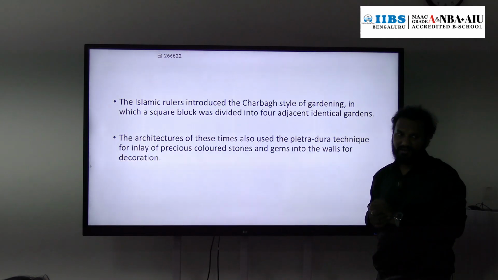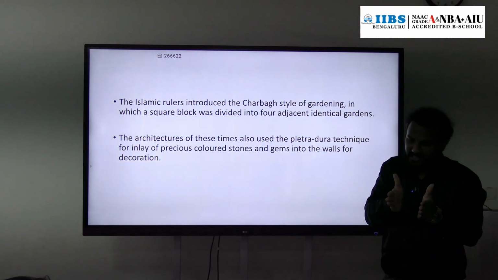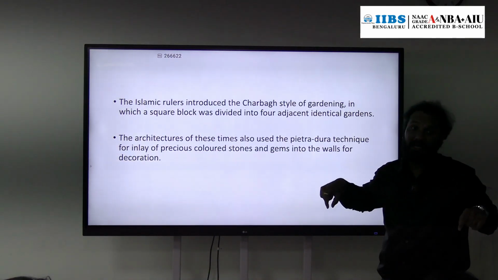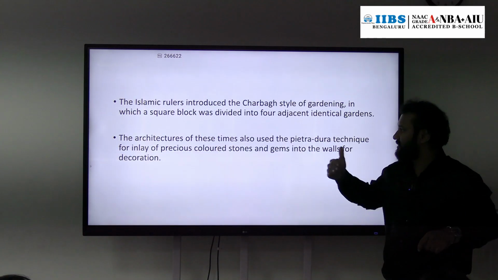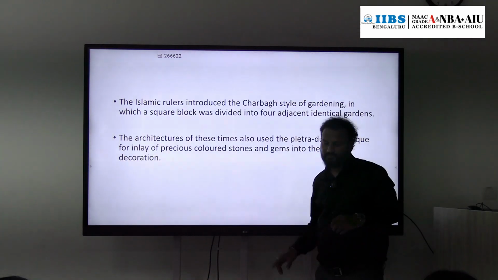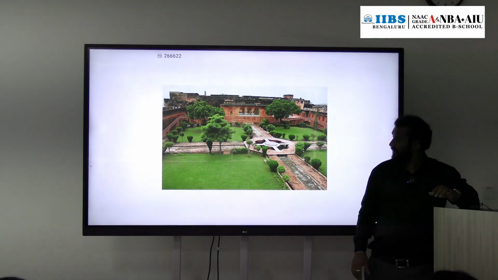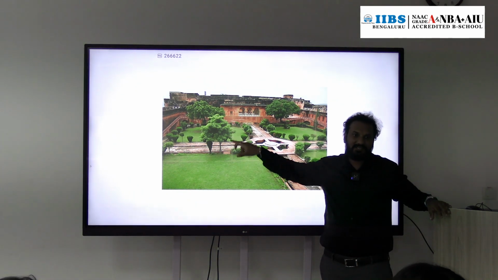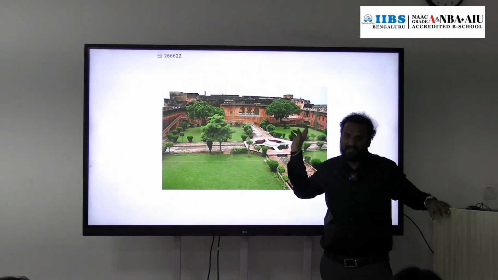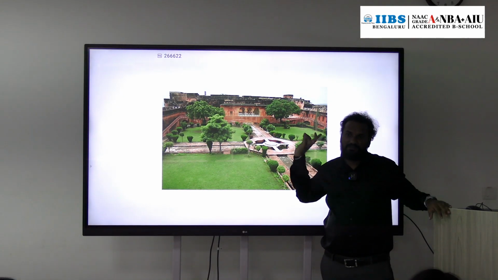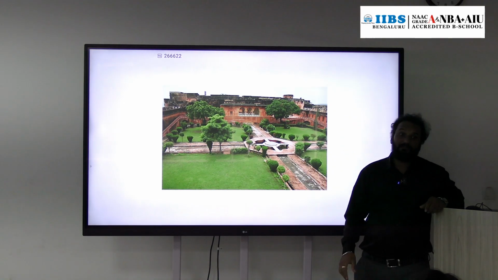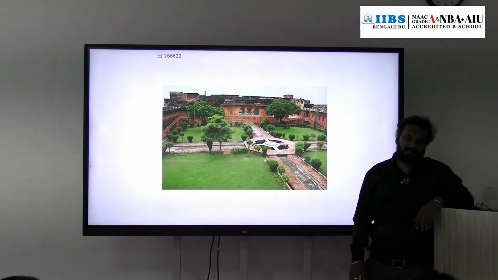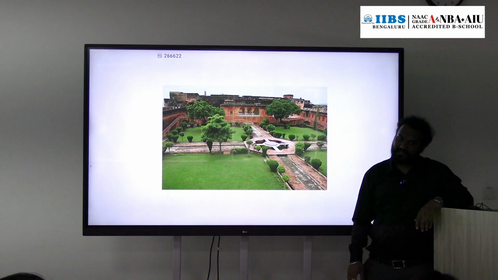Exactly in front of the structure, there are four square-shaped gardens adjacent to each other. See, 1, 2, 3, 4. Charbagh style of gardening was introduced by Babur, and it is one of the prominent features of Indo-Islamic architecture.